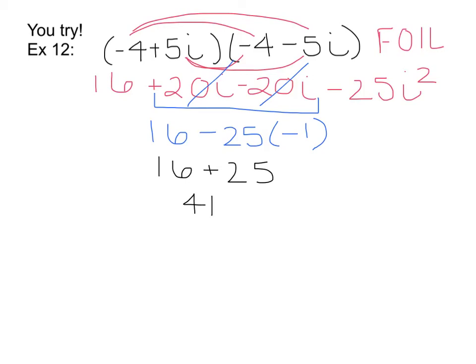So if you look at this original problem I gave you, -4 plus 5i times -4 minus 5i, I hope you notice some things that are the same. They're both -4. They're both 5i. One of them gets a plus sign though, the other one gets a minus sign. So when only the term in front of the imaginary term has been changed from one being positive to the other one being negative, these are called complex conjugates.